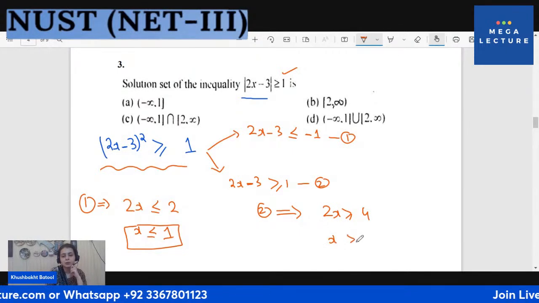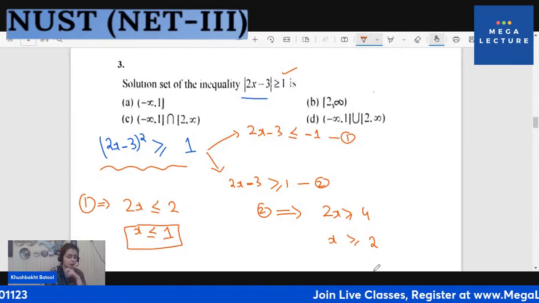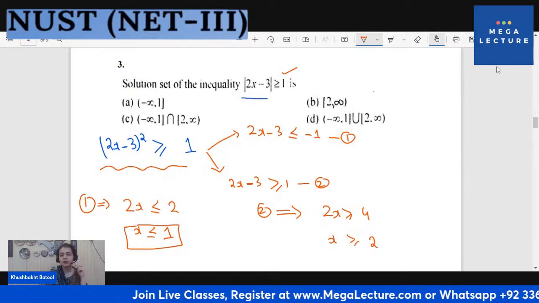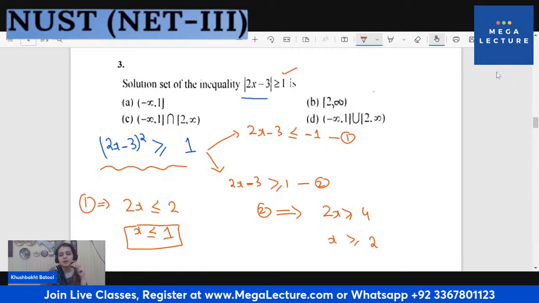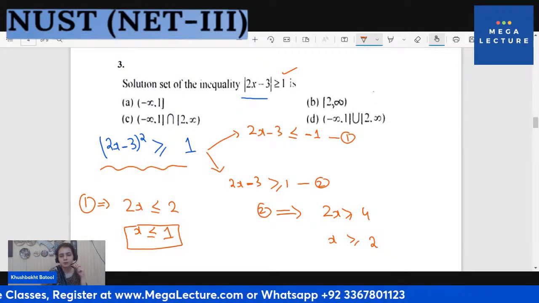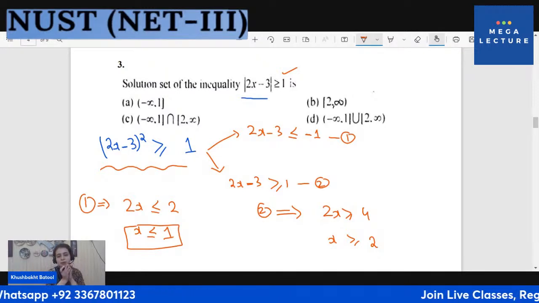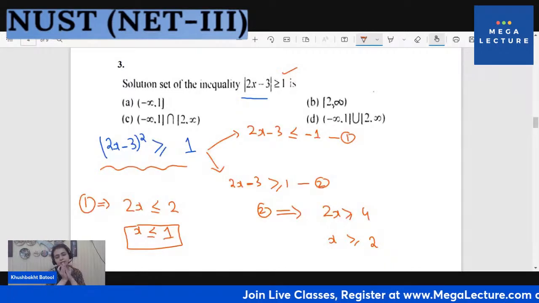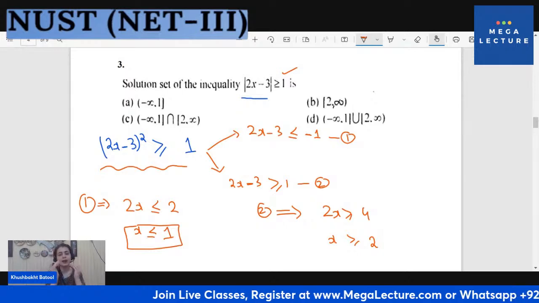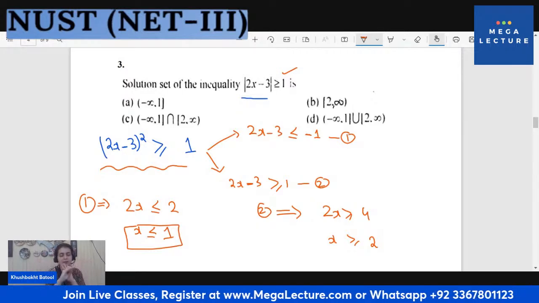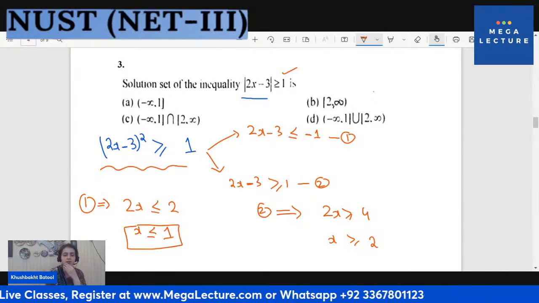So x would be greater than or equal to 2. Now you can see one thing, that we are getting a very different type of answer, right? It says x is less than or equal to 1, and then x is greater than or equal to 2. So that can happen. It is absolutely okay to get such an answer.